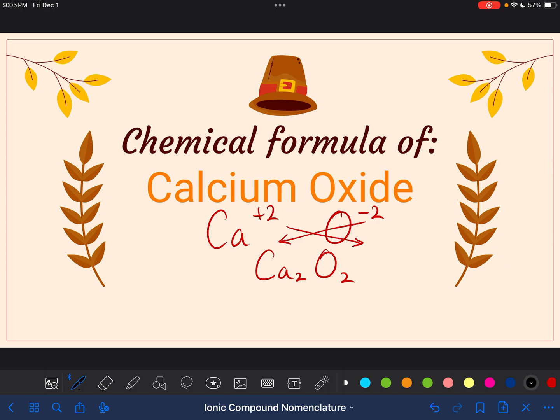In this case, we see that there are two 2's. Technically, we can simplify this by dividing both sides by 2. If we do that, our final answer is just going to be CaO. So make sure you check the subscripts and see if you can simplify them or not.